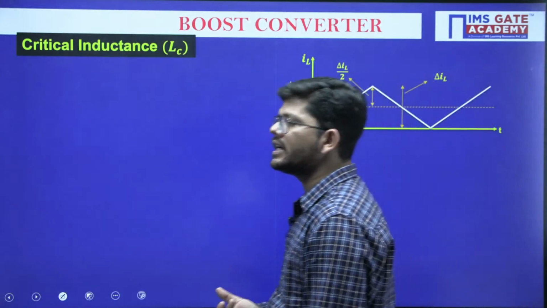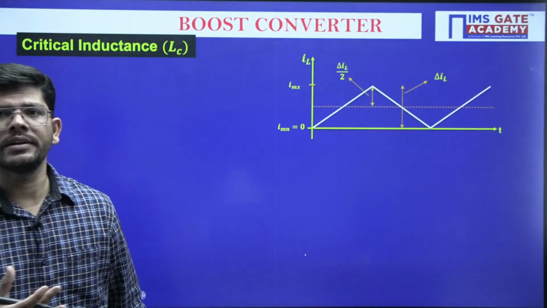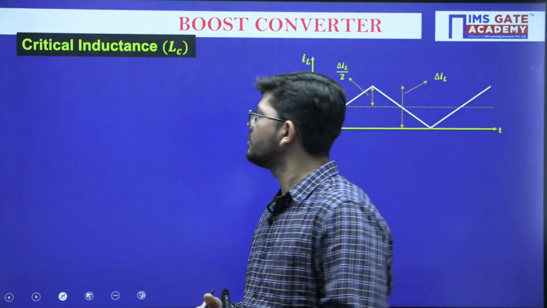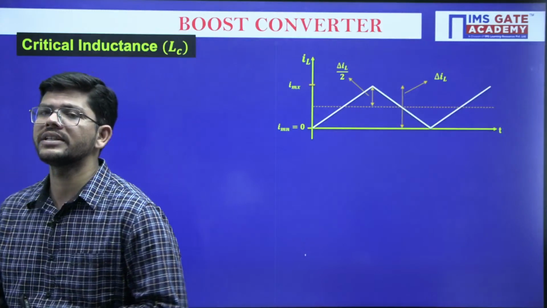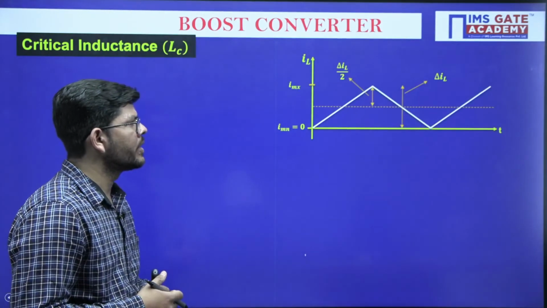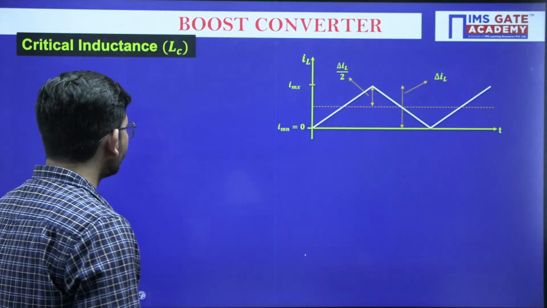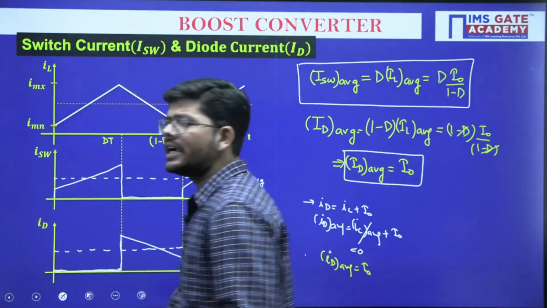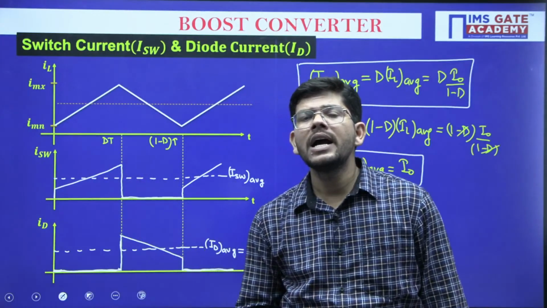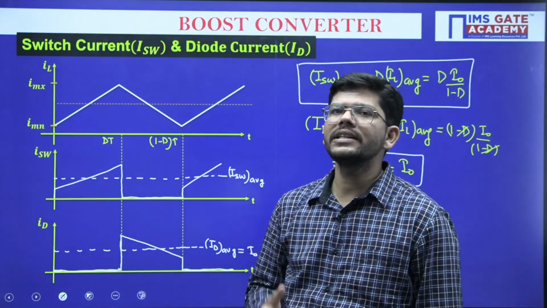Now critical inductance, another very important thing, and many times this has been asked in the GATE exam. Critical inductance, what is it? We discussed it in the last lecture as well. In the last figure, the inductor current is assumed to be continuous. Continuous inductor current means I minimum is always greater than 0.